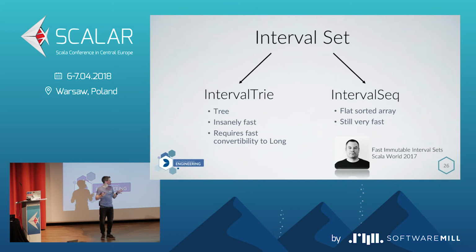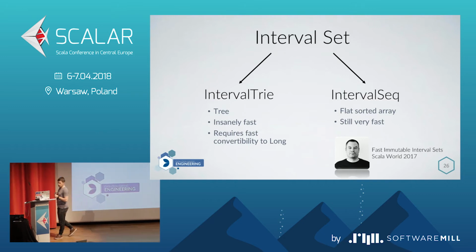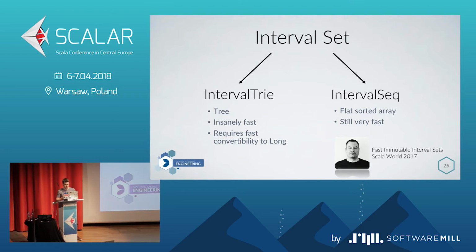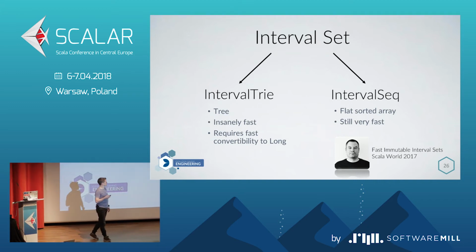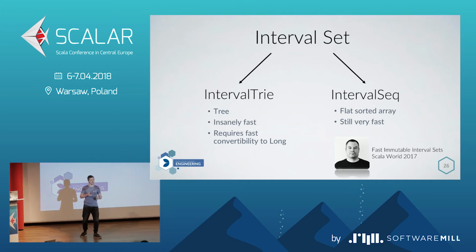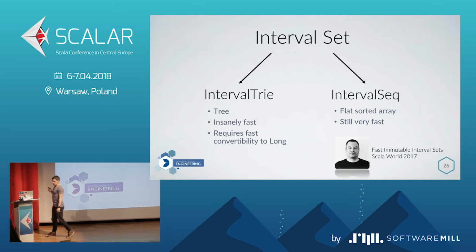In the interest of time, I'm not going to dive deep here, but you can watch Rudiger's talk at last year's Scala World, called fast immutable interval sets. Here he goes into detail on how they are structured under the hood, and this is one of the most amazing pieces of engineering I've ever seen, so I definitely recommend watching it.